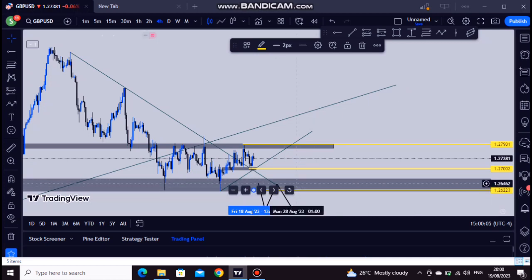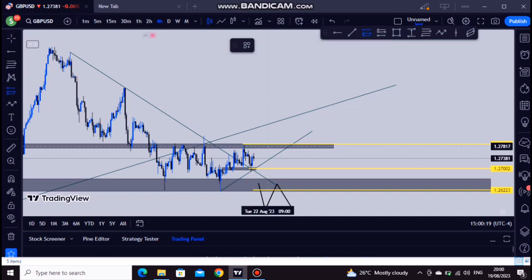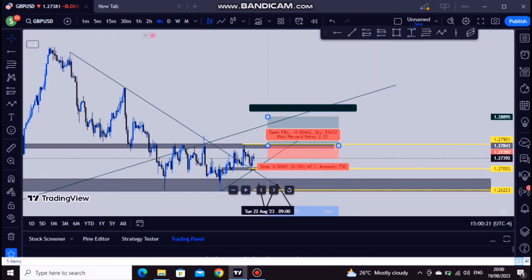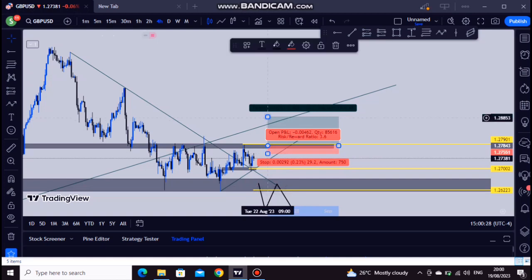But if it can break above 1.27901 and reject on it, then we buy to the upside. That's the plan for next week on GBPUSD. You buy, targeting this high first, then the third one.